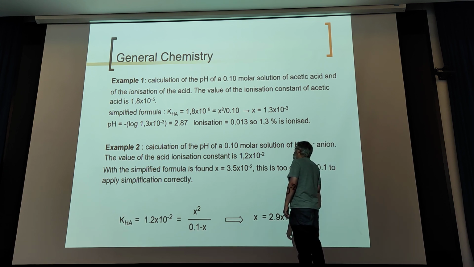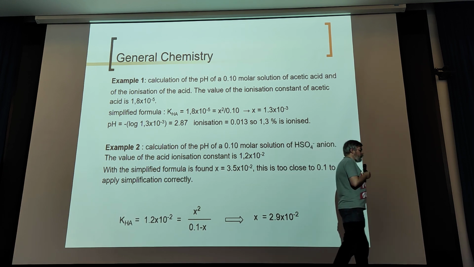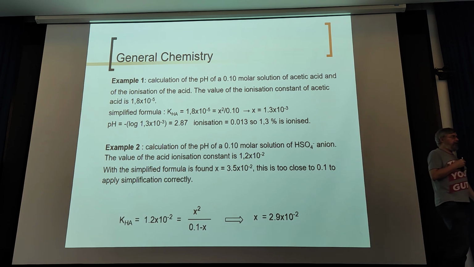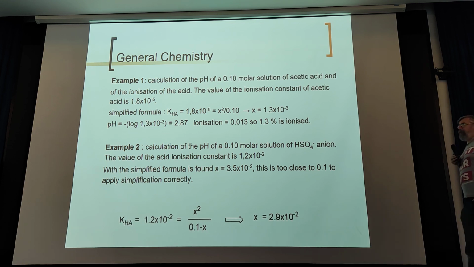Okay, so second example, we have the same concentration, 0.1 molar, but now the acid is actually hydrogen sulfate, which has an acid constant of 1.2 10 to the minus 2. That's a relatively strong acid.